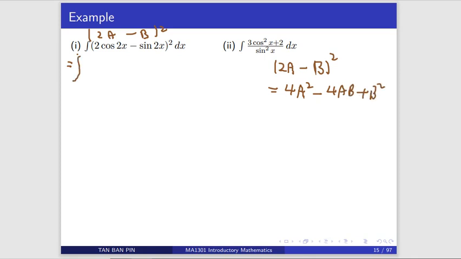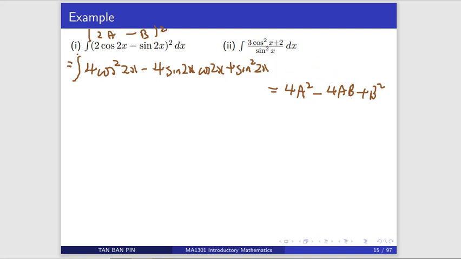So it means the same as integrating 4 cosine squared 2x minus 4 sine 2x cosine 2x plus sine squared 2x dx. Remember, you have this identity, sine squared theta plus cosine squared theta equal to 1.